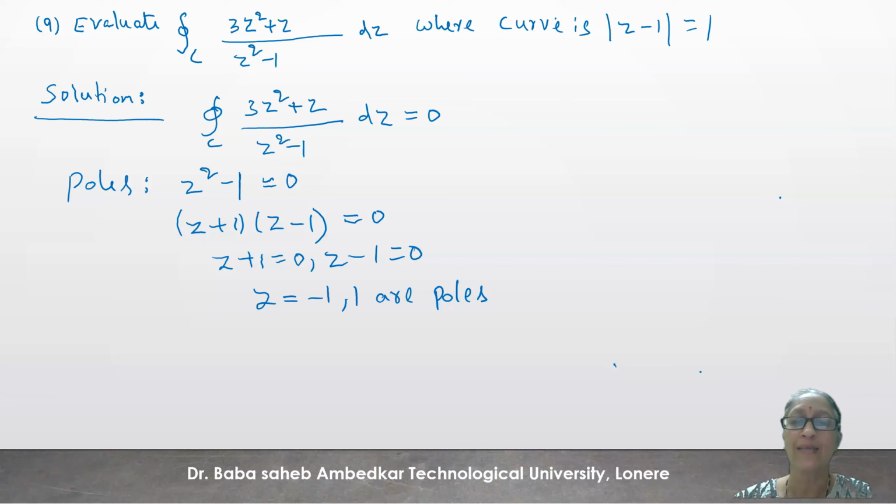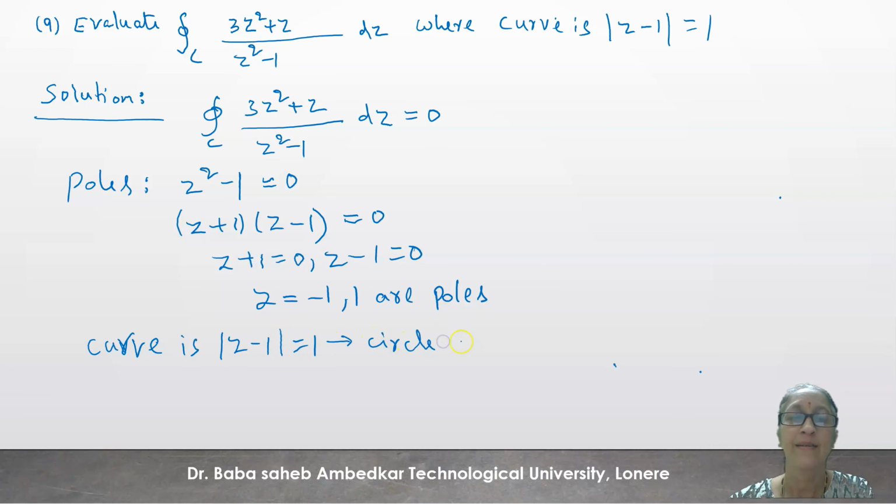Now let us check this given circle. What is given here? The curve is mod z minus 1 equal to 1. What is this? A circle with center (1, 0) and radius 1.